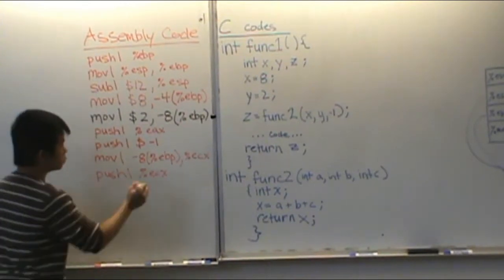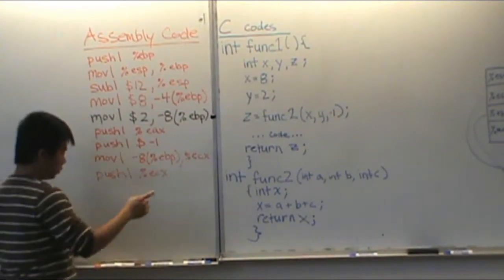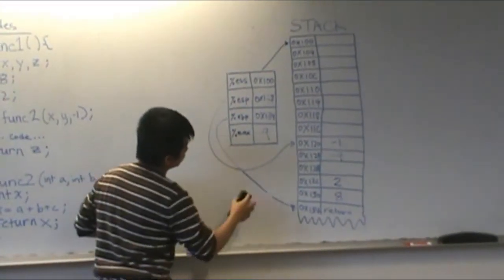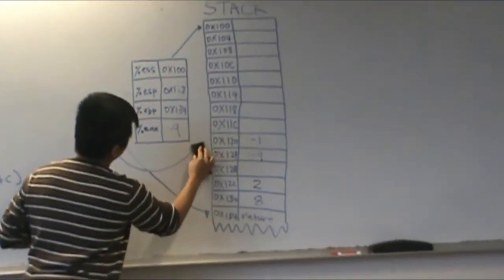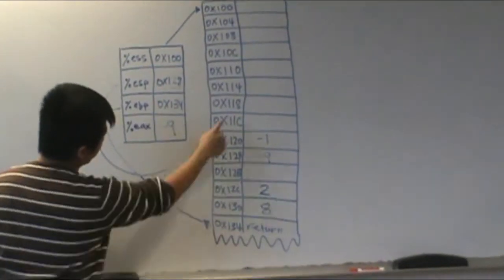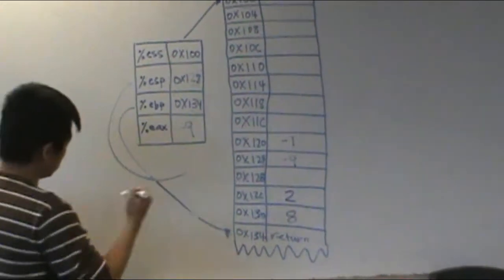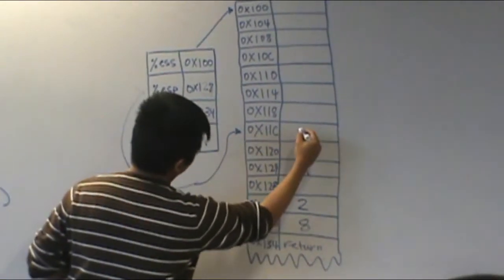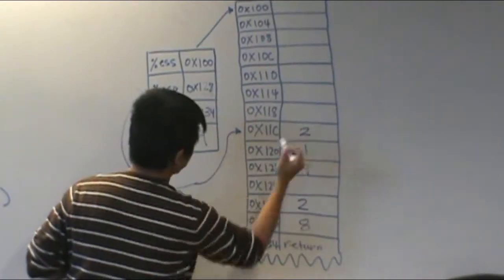So whatever value register C is, it will be saved on the next step, which is 1C here, which is 2.